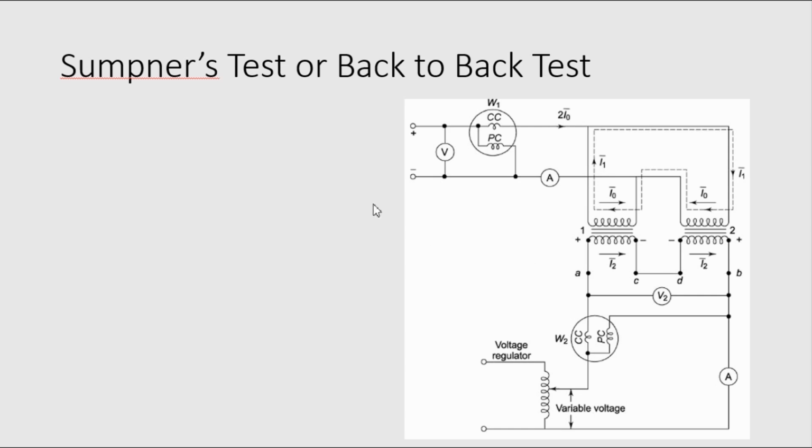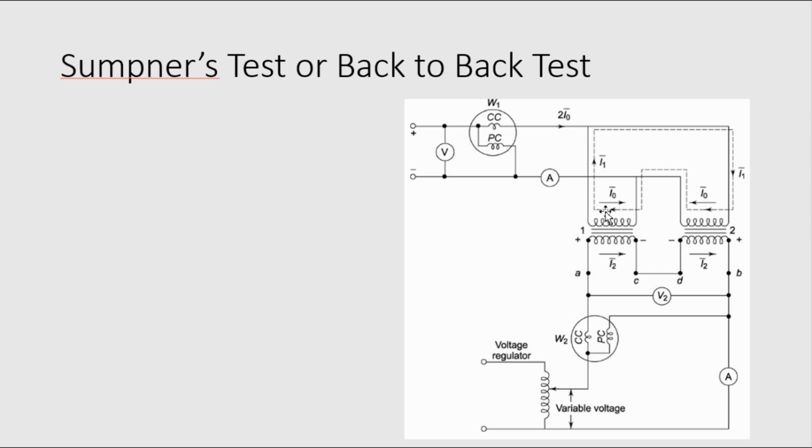So basically, in the simple way, in the Sumpner test or back-to-back test, the primaries are connected to this side, which will perform a no load test. The secondaries of these transformers will be connected to another supply, which will perform a short circuit test.